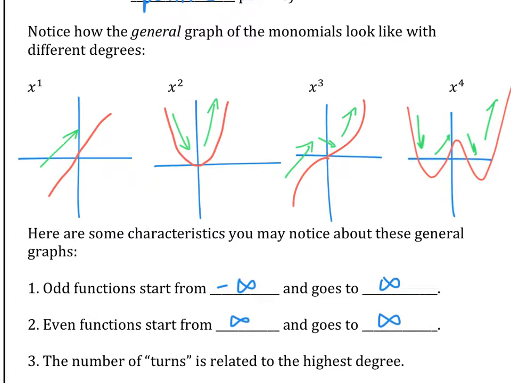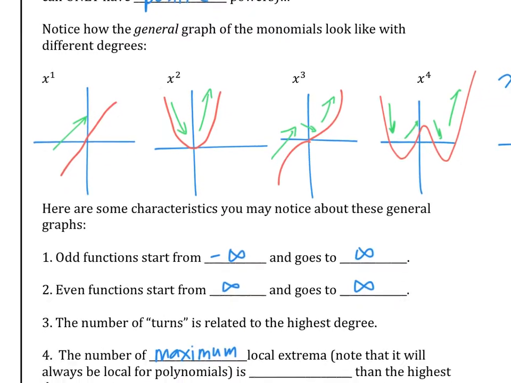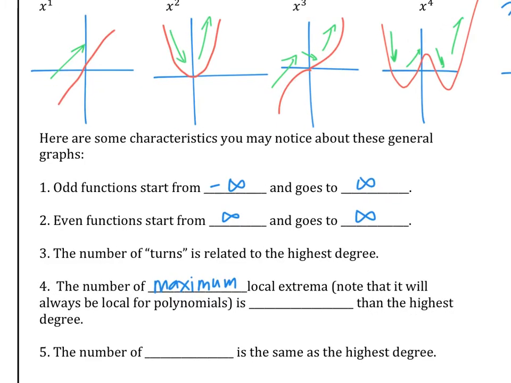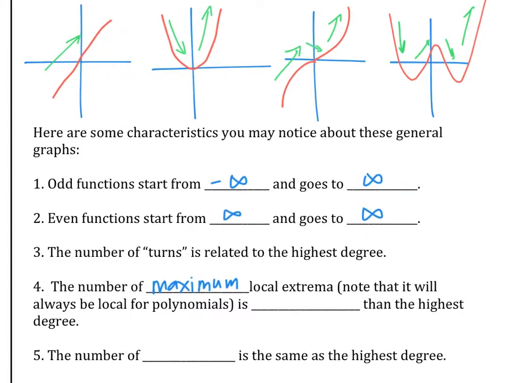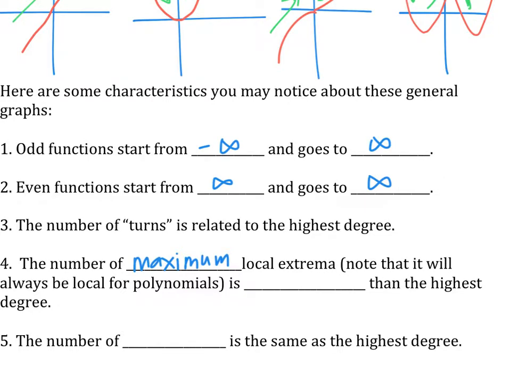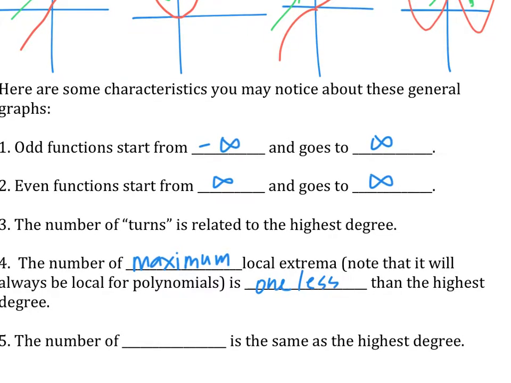X to the fourth, how many extremas does it have? 3. So then what's the rule here? 1 less, yes. 1 less than the highest degree. So that is the maximum number. Will it always be that number? No, because that's just the maximum possible. So it's always going to be 1 less than the highest degree.